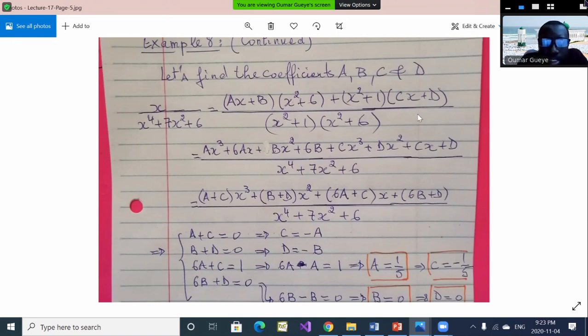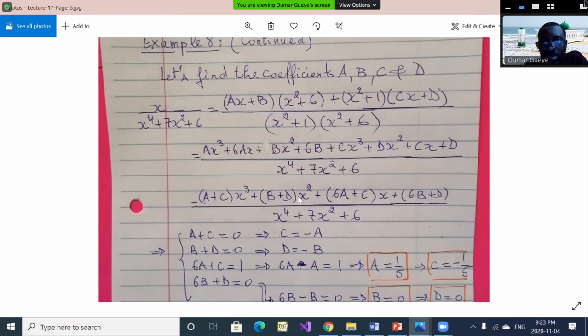Now I'm going to keep together all coefficients of x cubed, all coefficients of x squared together, the coefficients of x together, and the constants together. So you can see here for x cubed, the coefficients are a and c. And when you factor out the x cubed, it becomes a plus c times x cubed. And for the coefficient of x squared, we have b and d.